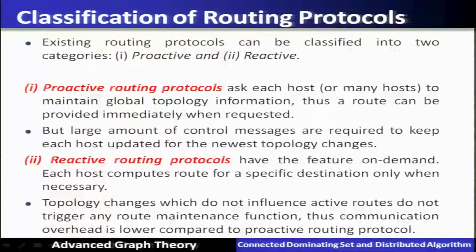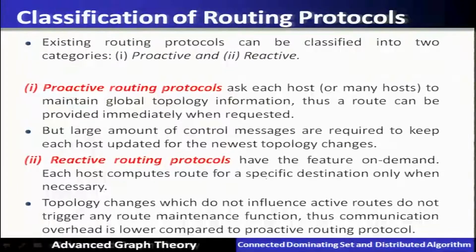Now in the scenario where there is a scarcity of resources and also a change in the infrastructure, there is no infrastructure. In those scenarios like wireless ad hoc networks, proactive routing protocol becomes a costlier affair to maintain the information by sending information all the time whenever there is a little change. Another way of handling the routing protocol is called reactive protocols.